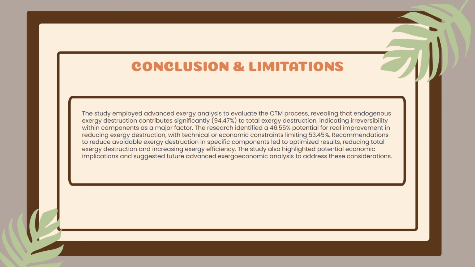Reducing avoidable exergy destruction in specific components was recommended, resulting in a reduction of total exergy destruction from 66.9 megawatt to 48.5 megawatt, and an increase in the exergy efficiency from 66.62% to 71.53% after optimization.